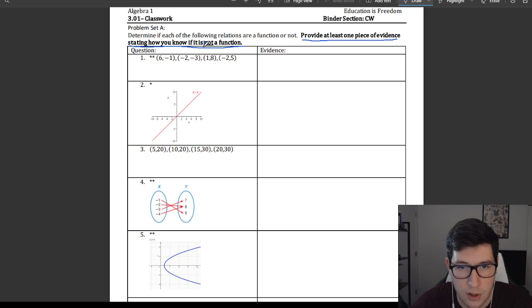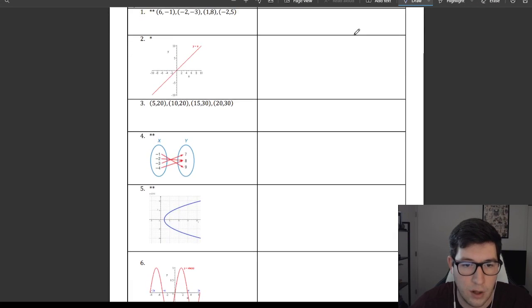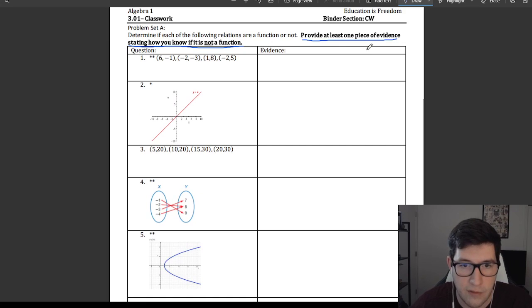If it is a function, you don't need to state your evidence. It's only when it's not a function that we need to state our evidence. So go ahead and work on this silent and solo. For these 6 problems, you're going to have 5 minutes, silent and solo. Problems today 1 through 6. Go ahead and begin. You can pause the video here.